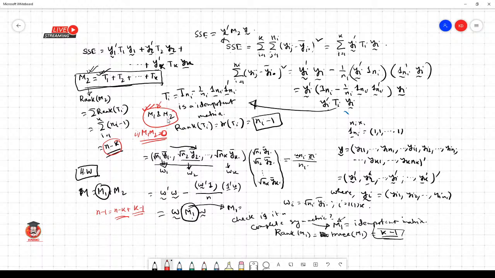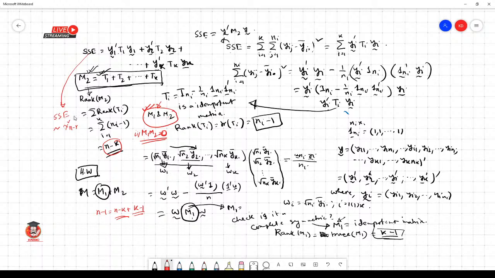So if you find the form of M1 and M2 and find they are idempotent, then this is automatically followed, that using Cochran's theorem and the result of the multivariate normal distribution, this SSE follows a chi-square distribution with n minus k degrees of freedom, because in Cochran's theorem I assume that the variance is 1.